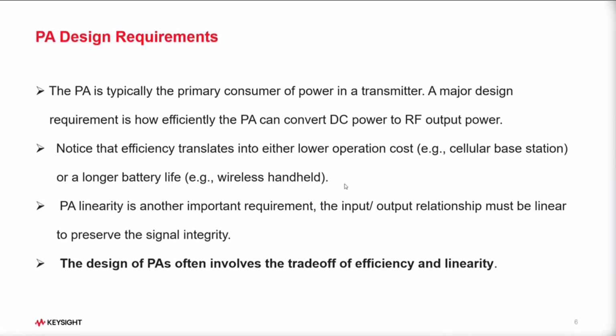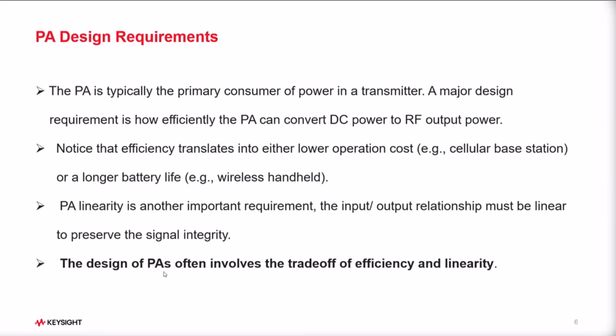Now, while you go for efficiency, PA linearity is another very important requirement, because that determines your input versus output relationship. You need your PA to be linear enough so that your signal integrity is ensured, so that you don't end up producing so many distortions that the whole purpose of having a PA is canceled out, because you end up generating so much distortion that it is virtually useless.